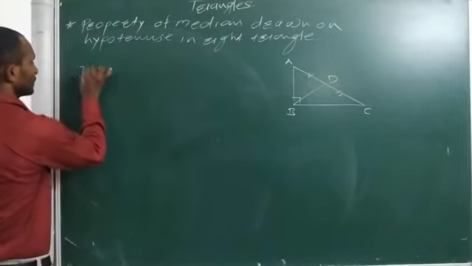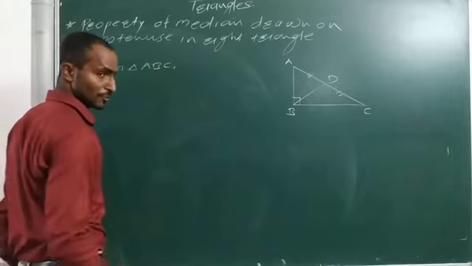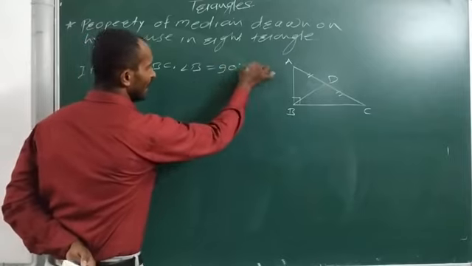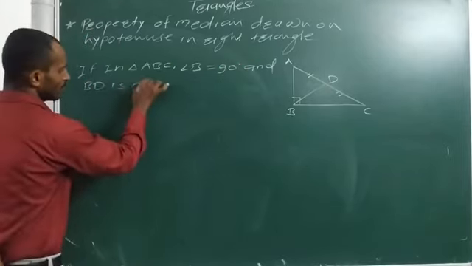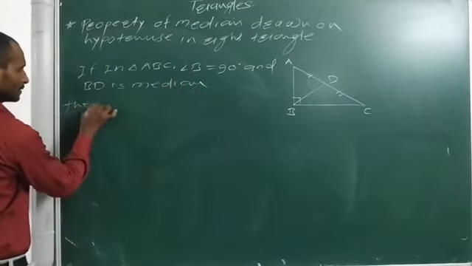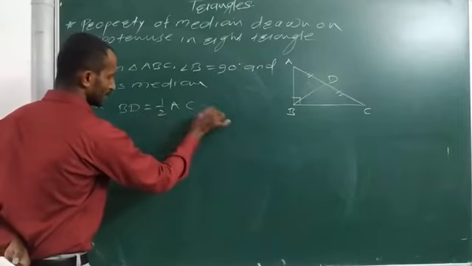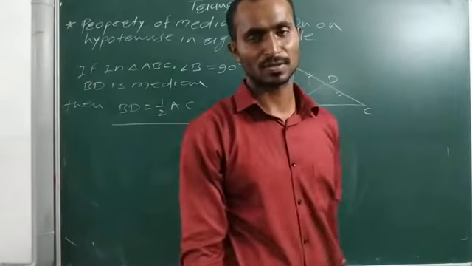That means if in triangle ABC angle B equals 90 degrees and BD is the median, then BD equals half of AC. This is the major property of the median drawn on the hypotenuse in a right angle triangle.